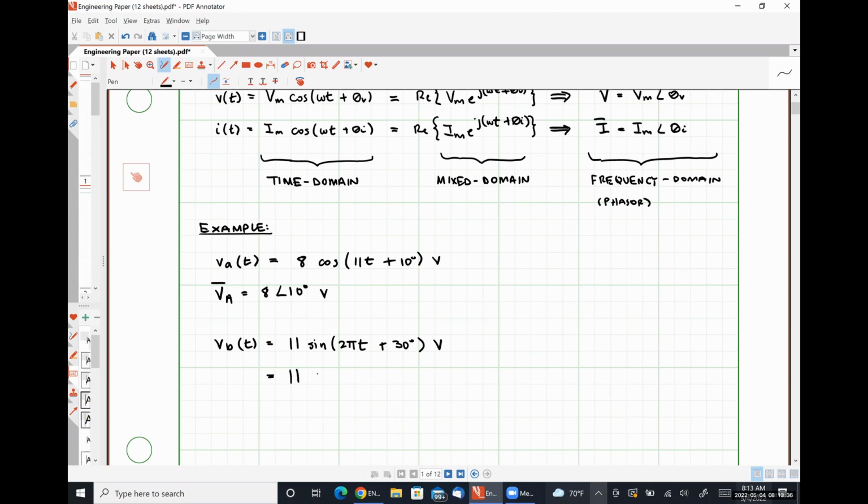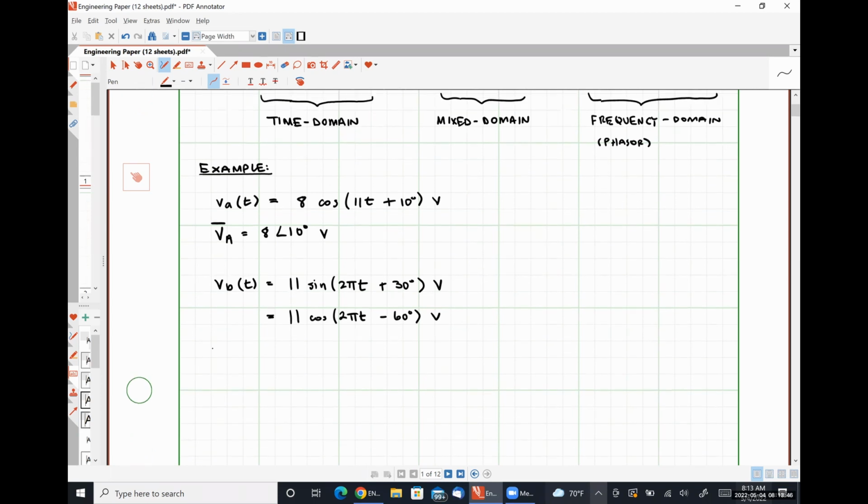So that would be 11 cosine(2 pi t minus 60 degrees). And therefore, our phasor voltage VB would simply be 11 angle negative 60 degrees.